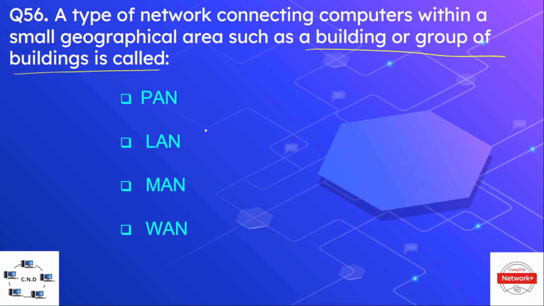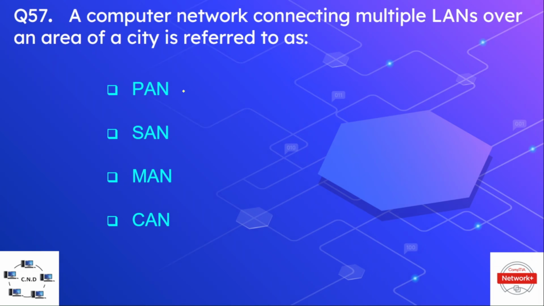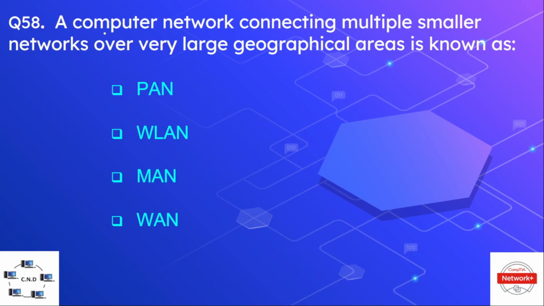And the correct option is, when the network is within a building or a group of buildings, it is known as LAN or Local Area Network. Question number 57 is that a computer network connecting multiple LANs over an area of a city is known as, and again the options are PAN, SAN, MAN, and CAN. And the correct option is MAN or Metropolitan Area Network.